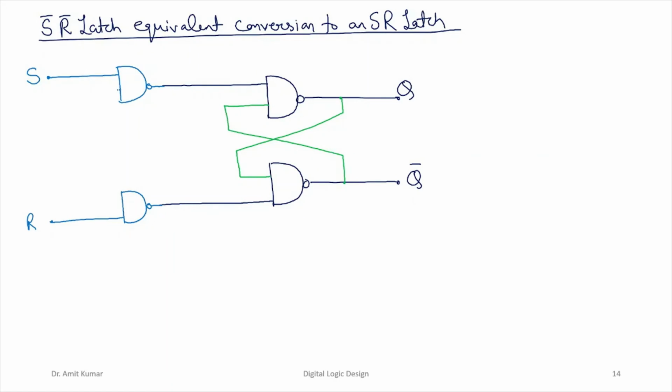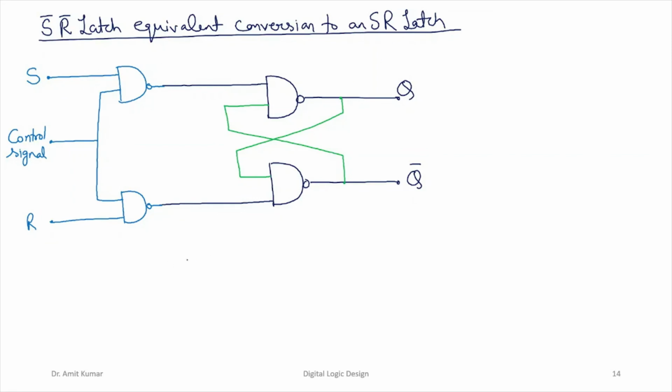This circuit is operated with the help of a control signal. If this control signal is active high, it means the circuit is in operational state. If we do this modification, it results in a simple SR latch, right?